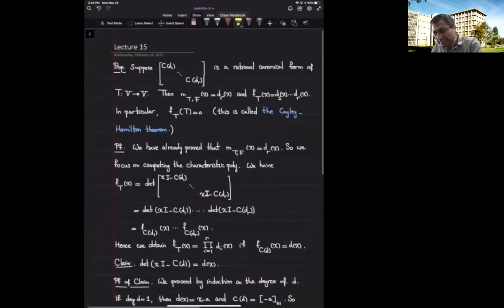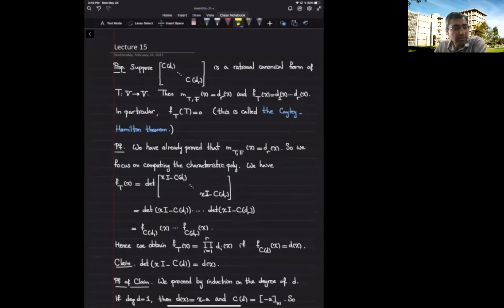Now, using this, we end up getting the following important proposition, or maybe it's better to call it a theorem, but let's see what the statement is. Okay, maybe this is a proposition, but later I'm going to use this proposition to prove an important result.